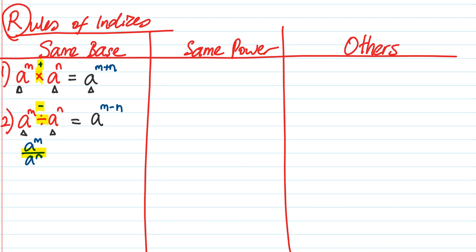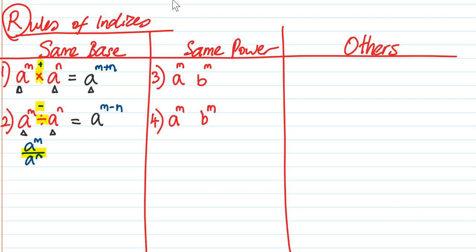Now let's move on. What happens if they have the same power? So if this is base a and the base is different, so it's b, but the power is the same. So let's say the power is m and the power is m. Okay, and let me just write this twice because it'll be the same thing.